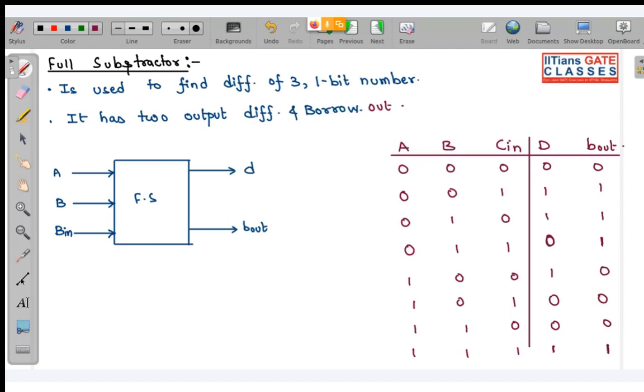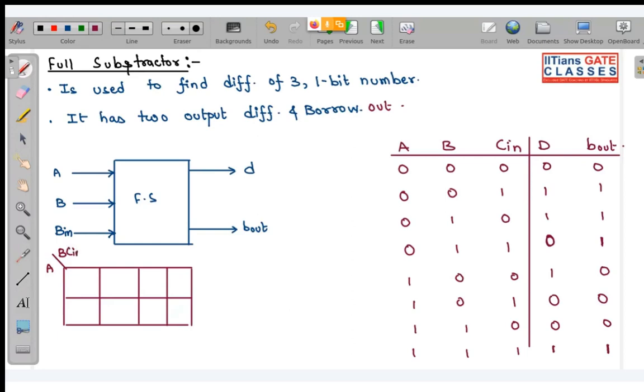So again, if you make the truth table, hopefully you might have got the same thing. So this is 1, 2, 4, 7.